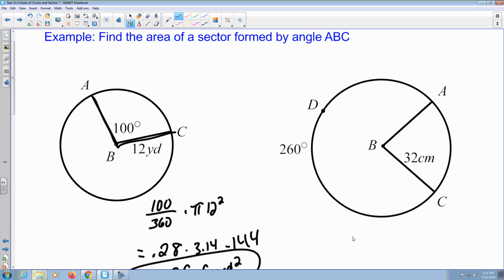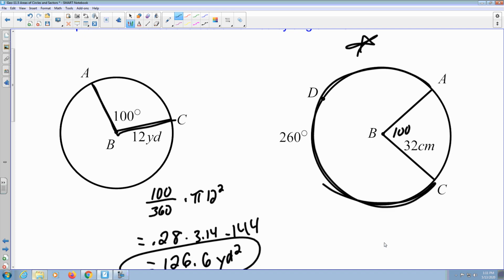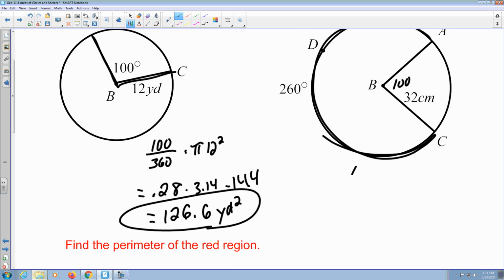If you look at this example here on our right, what they told you is this measure here. Well, an entire circle is 360, so you just take 360 and subtract 260, which means you get 100 over here. So it's the same value, so it's 100 over 360 as in the first example, times pi times 32 squared.